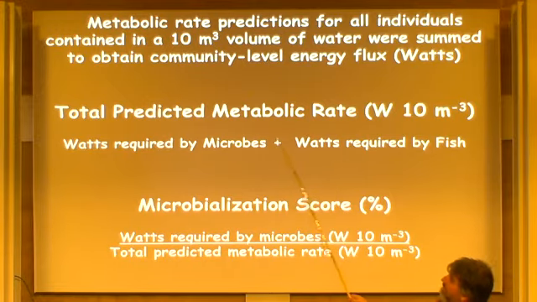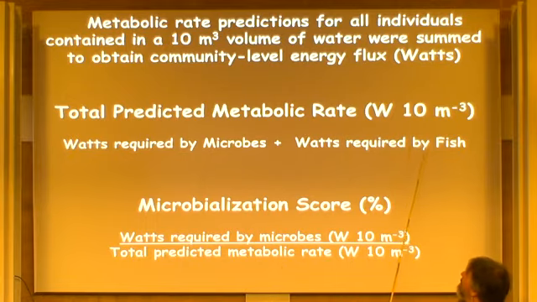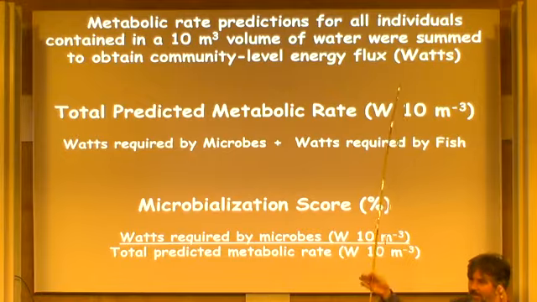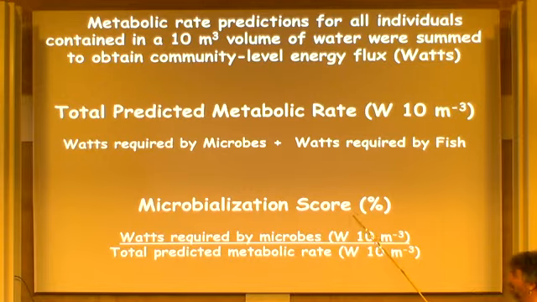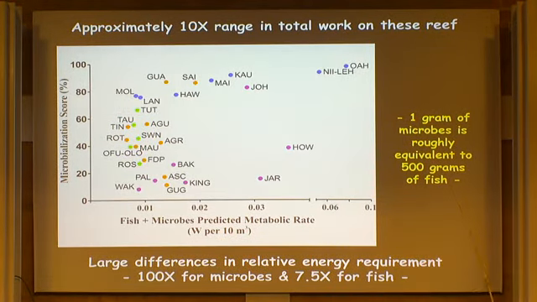And we just say how much energy is required by the microbes and how much is required by the fish in this particular piece of water on this coral reef. And then we come up with what is a microbialization score, which is the total metabolic requirements divided into that required by the microbes. This is to give you a rough feel about how it works, how it would look.